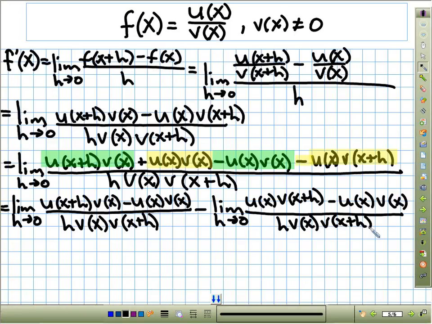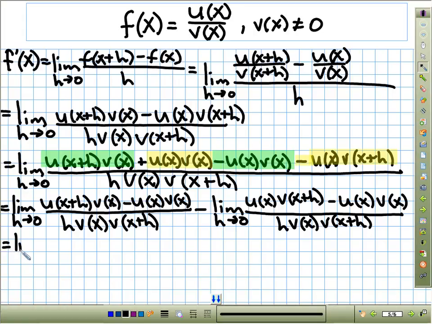Okay, now that I've done that, I'm going to utilize a property of limits that says a limit of a product is equal to a product of the limits. So I'm going to factor out from this first one the v of x and give it its own limit here on the outside.